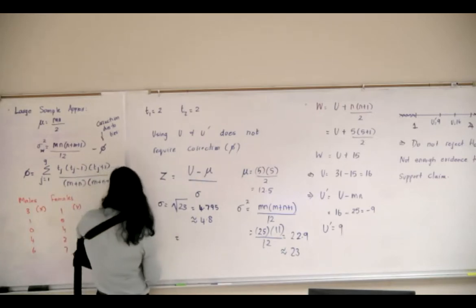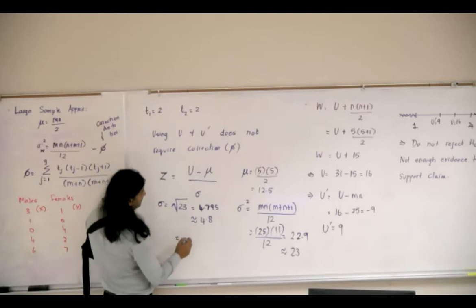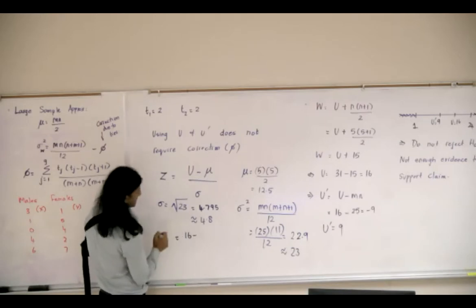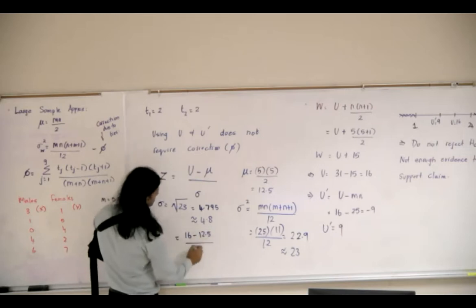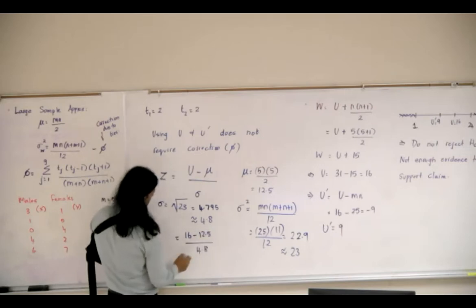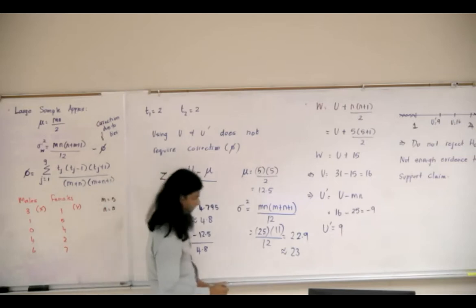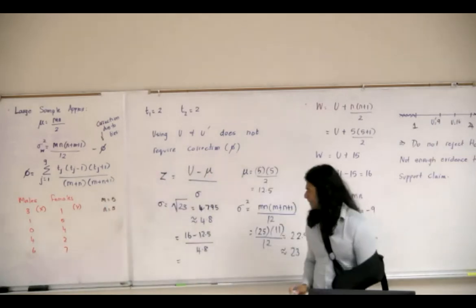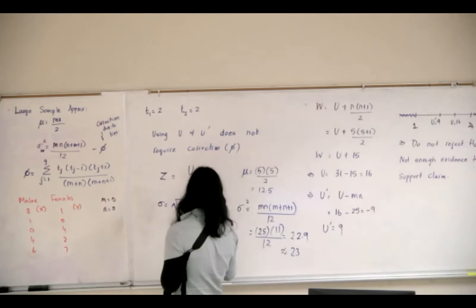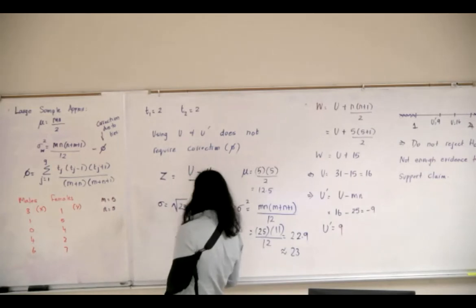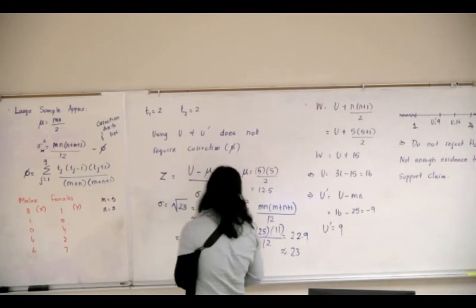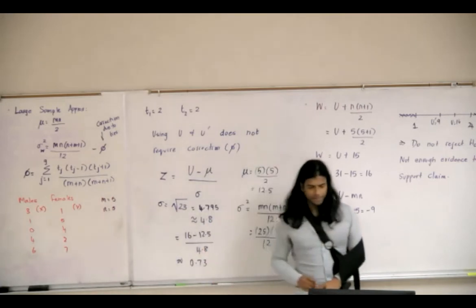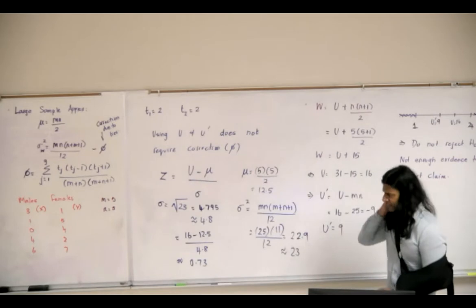So U is 16. The mean is 12.5, divided by 4.8. And what do we get? How much? 0.73 basically. Approximately 0.73.